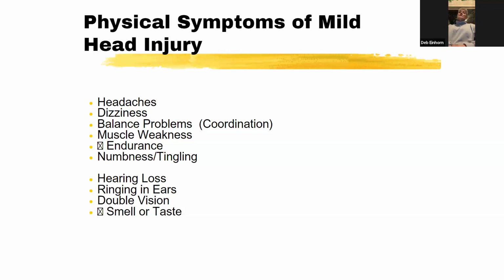Some physical symptoms of a mild head injury could be dizziness, headaches, balance problems, muscle weakness, endurance, numbness and tingling in body parts. It could be hearing loss, ringing in ears, double vision, smell or taste. So a head injury can happen to someone at any age.